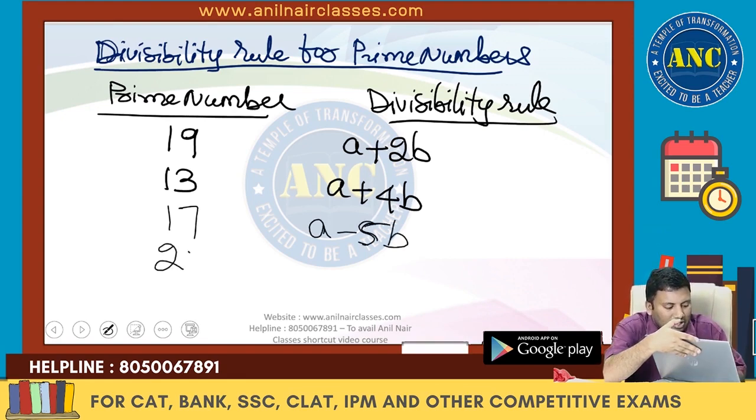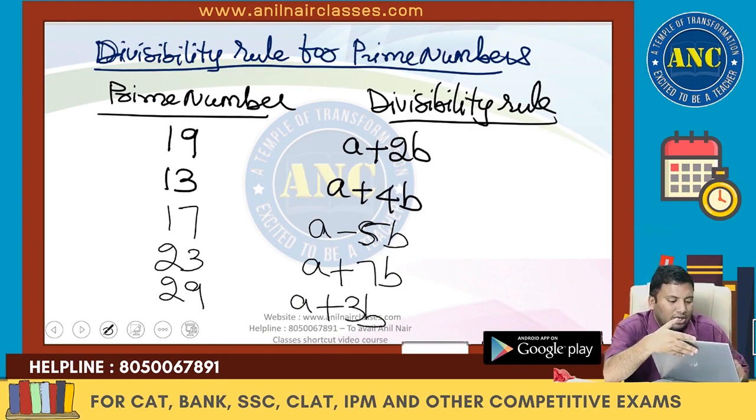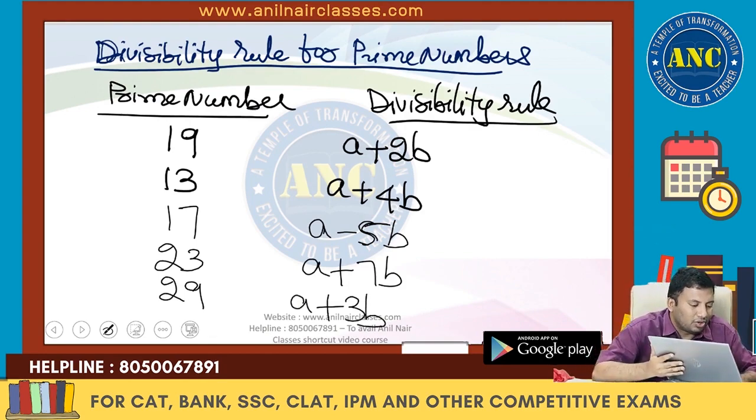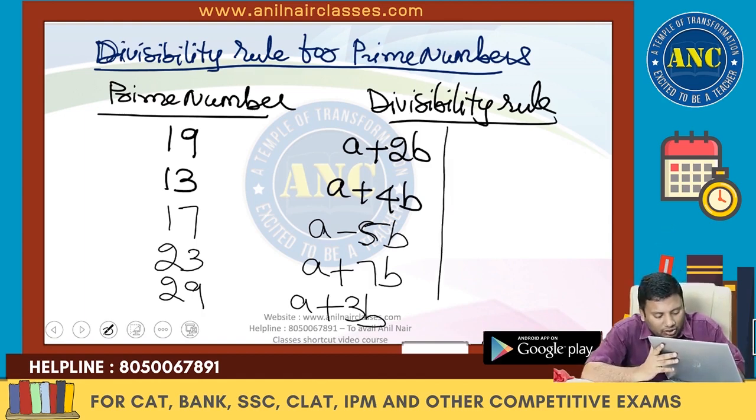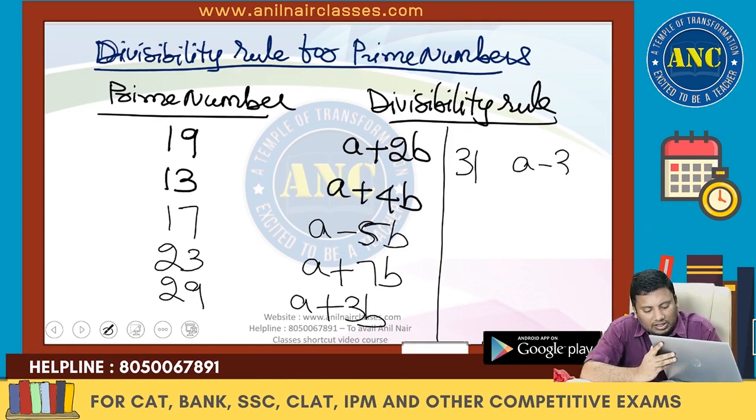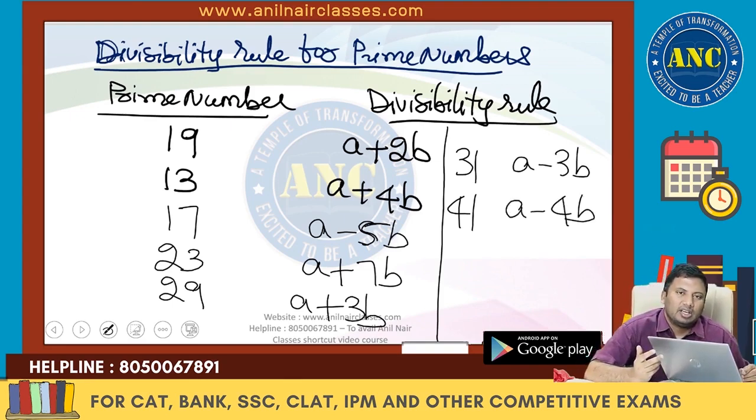If it is 23, A plus 7B. If it is 29, A plus 3B. Just by looking at the question itself, you are able to determine. If it is 31, A minus 3B. If it is 41, A minus 4B. I hope it is clear.